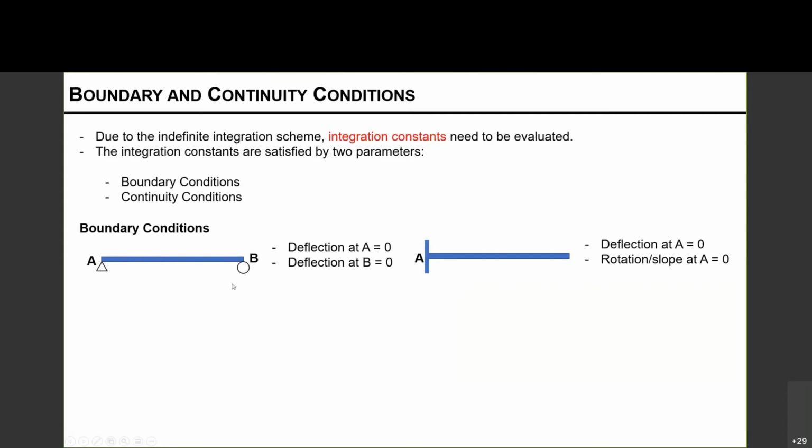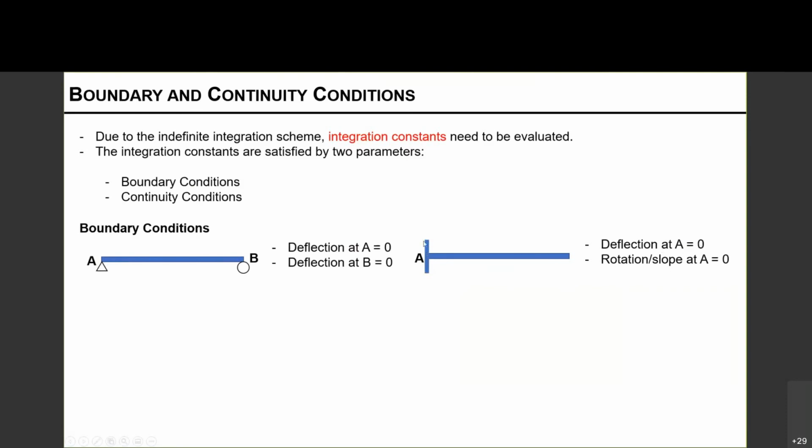For example, if we look at this beam over here, this is a cantilever beam which is fixed at A. So the boundary conditions at A are that the vertical deflection is 0. Therefore, the deflection at A is equal to 0.